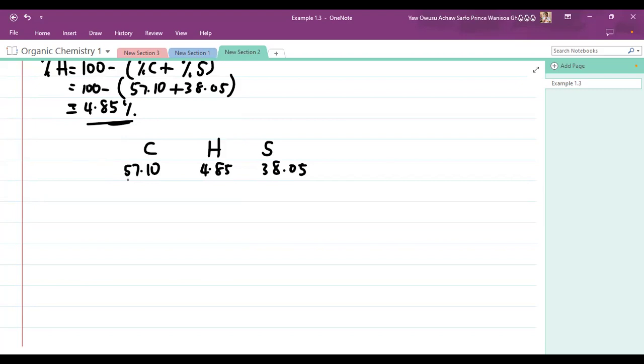In step 2, we divide through by atomic weight. Atomic weight for carbon is 12, for hydrogen is 1, and for sulfur is 32.